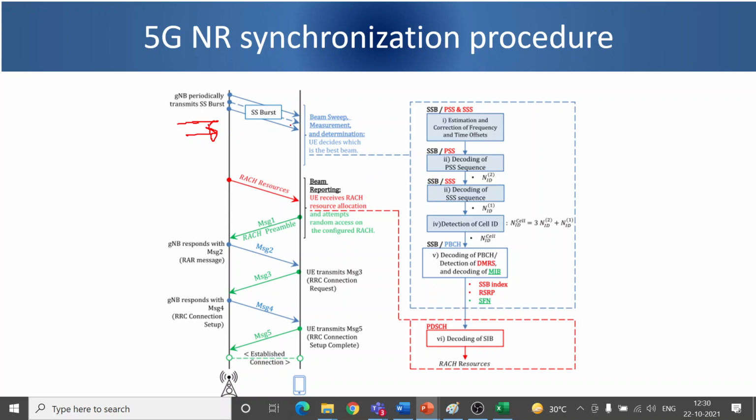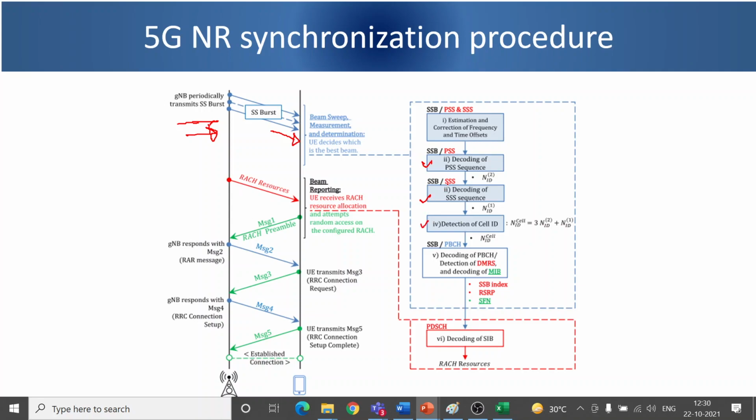And once the SS burst is received, it will determine which SS block it is going to latch on to. And once it has done that, so estimated that frequency, then it will decode your PSS and SSS, right? And with that, it will calculate the cell ID.